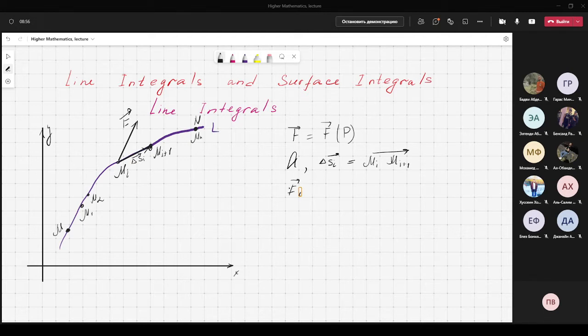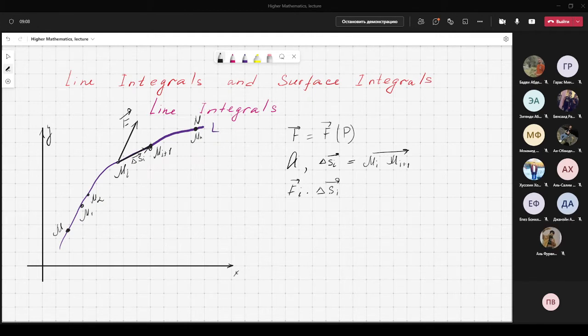Then the scalar product F i times delta S i may be regarded as an approximate expression of the work of the force F along the arc M i to M i plus first.